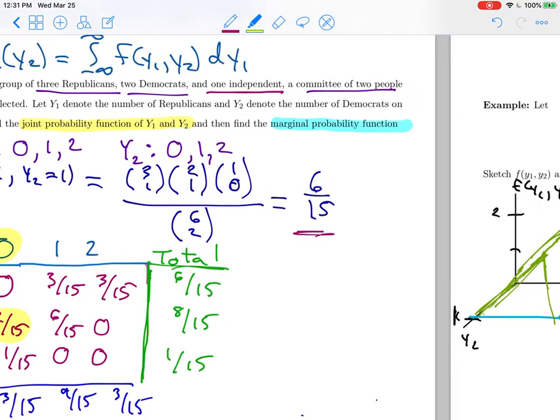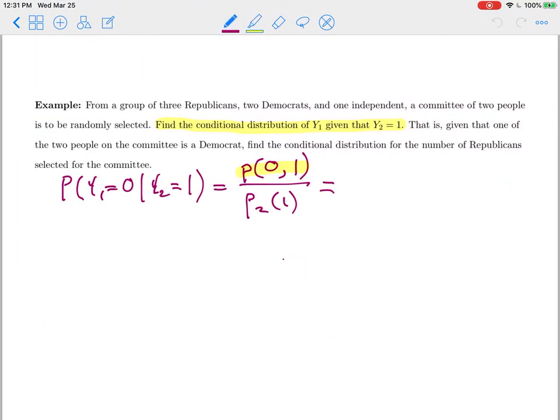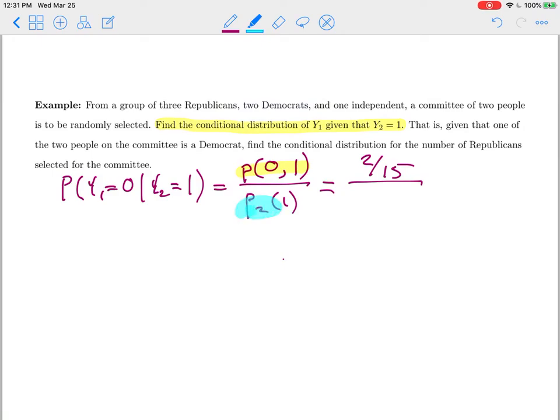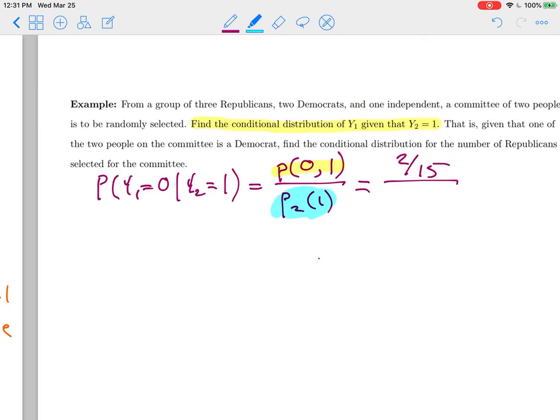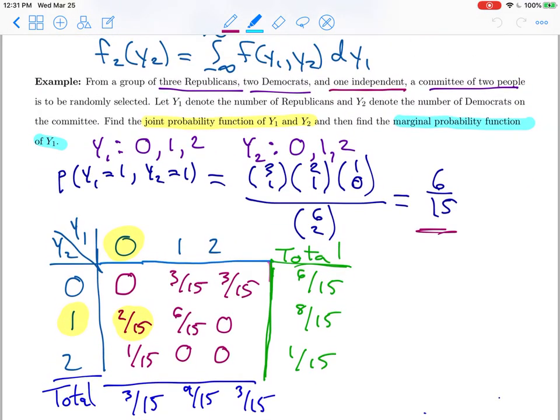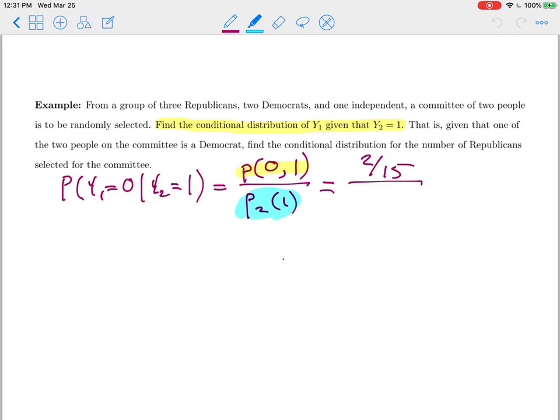So that's going to be our value on top here. We want to divide that by the marginal probability that we have a single Democrat. And so there, that marginal probability of having a single Democrat is 8 out of 15. And so that's our bottom value.